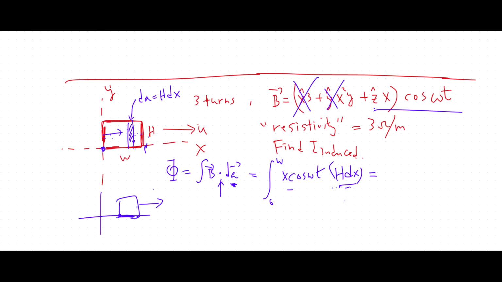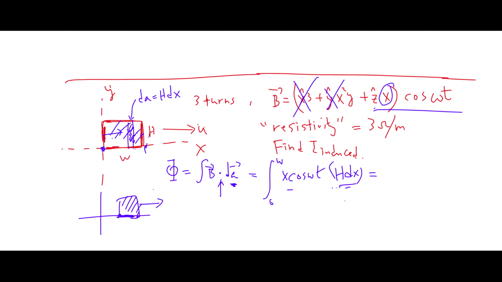Yes, the area will be the same, but the magnetic field going through this rectangle will not be the same as the magnetic field going through here, even though the area is the same. Why are they not the same? Because I have an x in the magnetic field. The more I move the coil to the right, the stronger the magnetic field is.